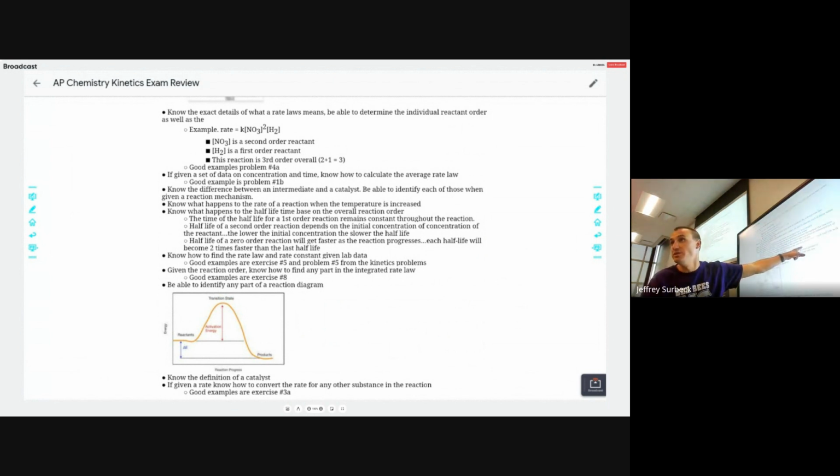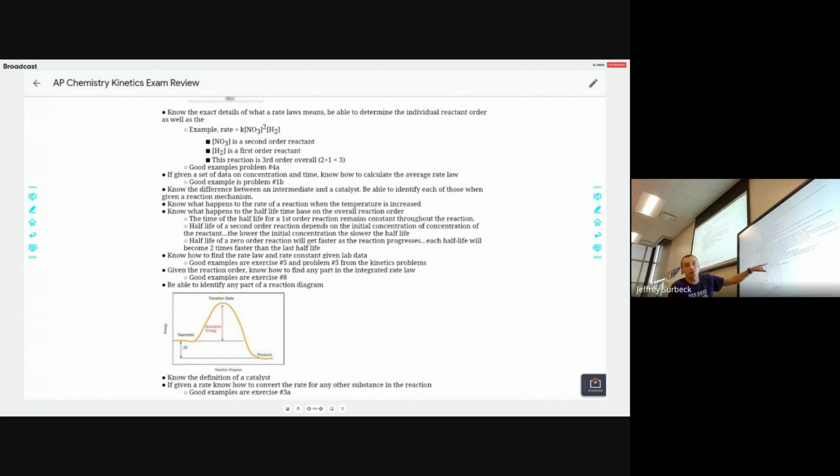This is that day 2 worth of notes where we looked at lab data and said, all right, we need to hold one thing constant, double or triple the concentration, see what happens to the rate, and then hold the other thing constant and see what happens as we double or triple that second thing. That's a really good problem to do. Number 5 on each of those sheets, the problems and the exercises.